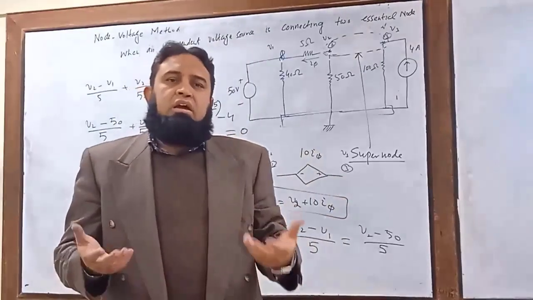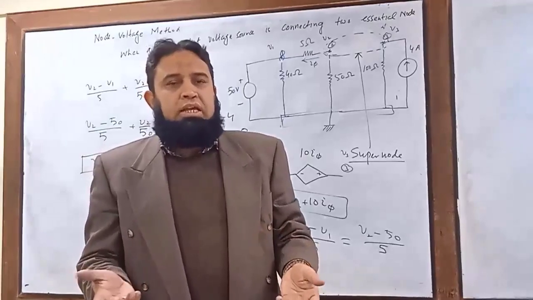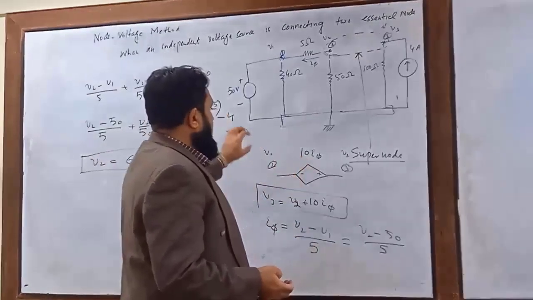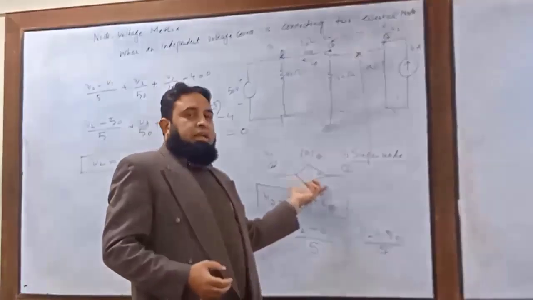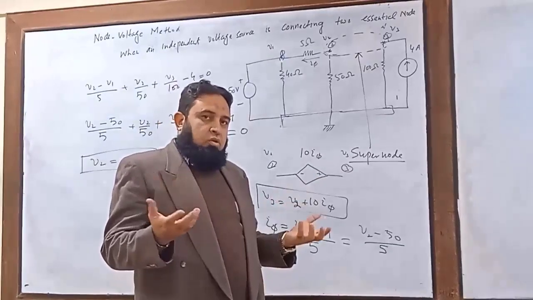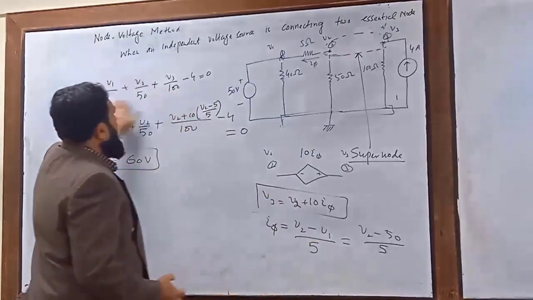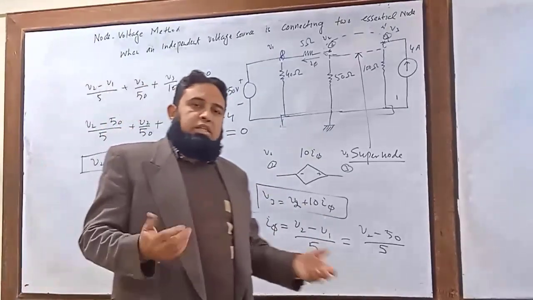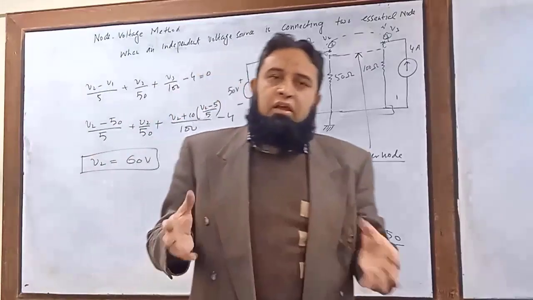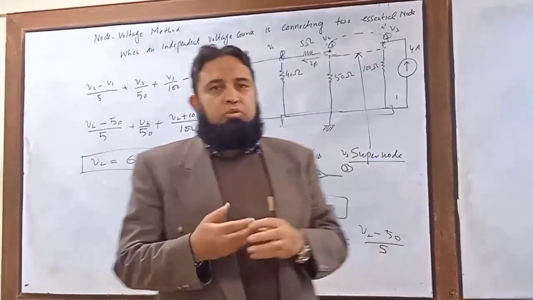So simply don't analyze the circuit for two different nodes. Consider that as a supernode, and for that simply write only one equation instead of solving two or three equations and then adding or subtracting the two and removing the unknowns.